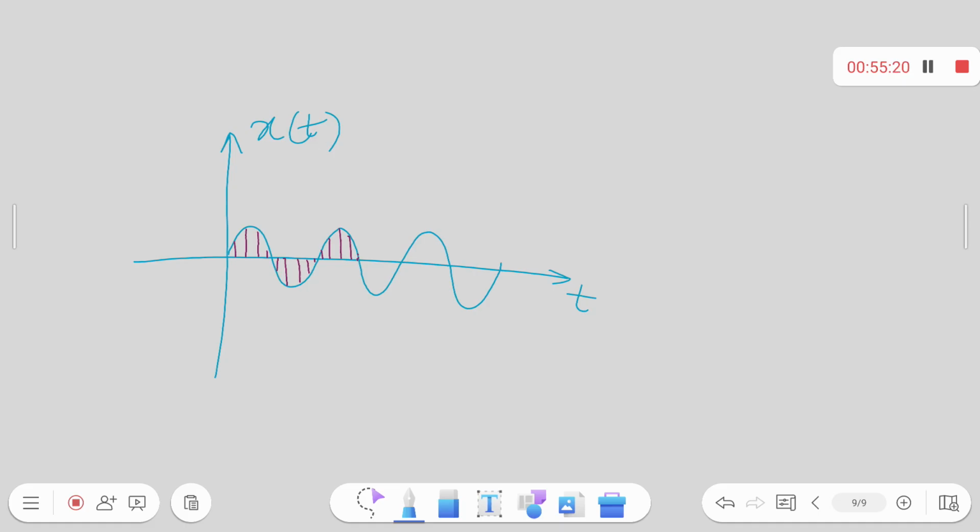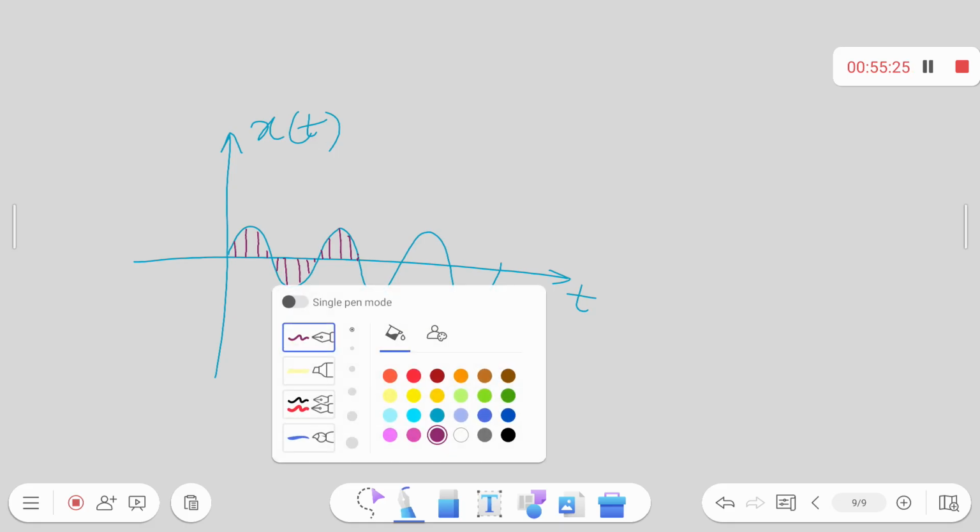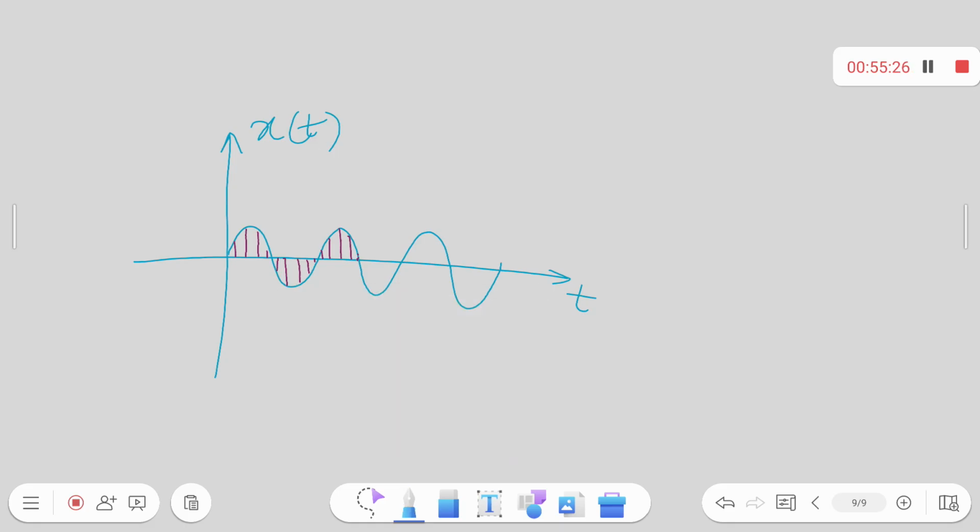Here you see this sample. Suppose let's take some particular value, say f naught is equal to 10 hertz.